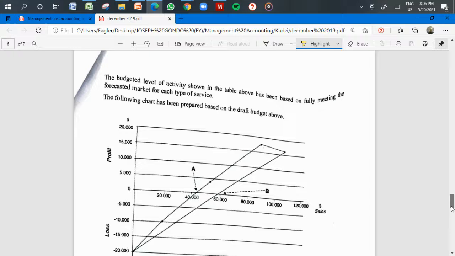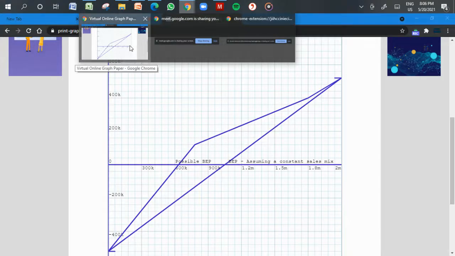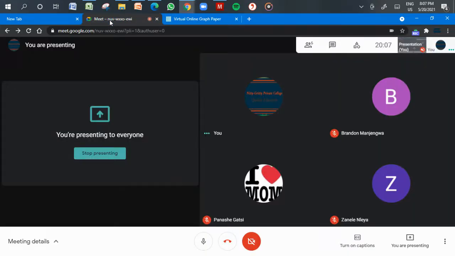Do we have questions on that one, on the multi-product break-even chart? Do you have questions? Oh, I'm now on my own. Okay, do we have questions? Hey. Hello?